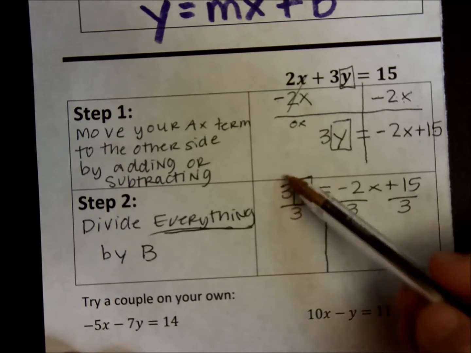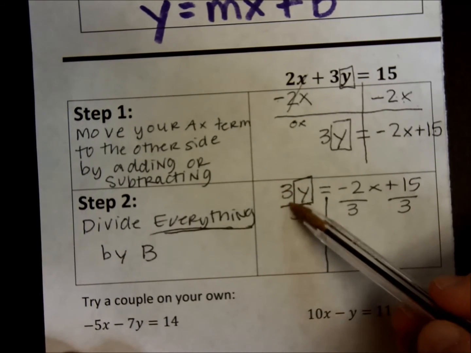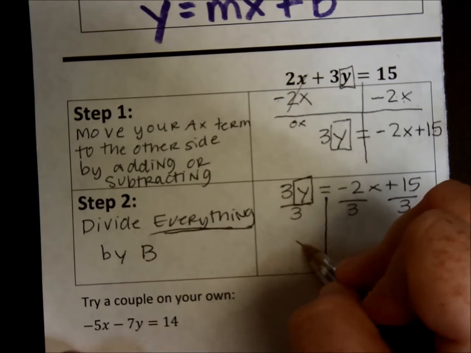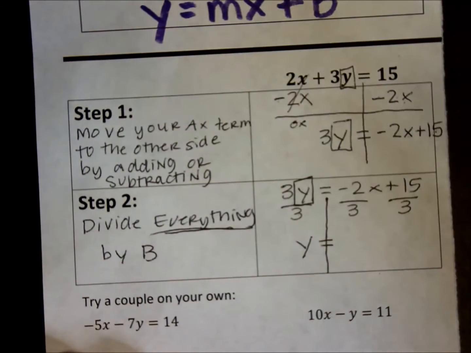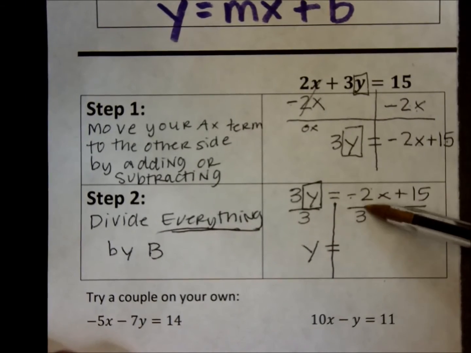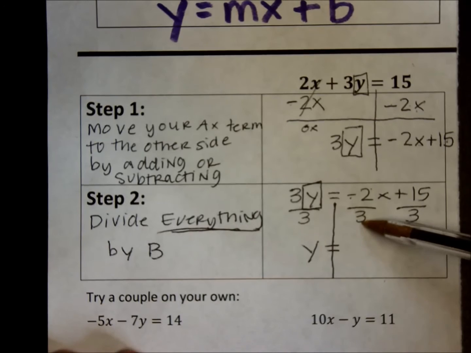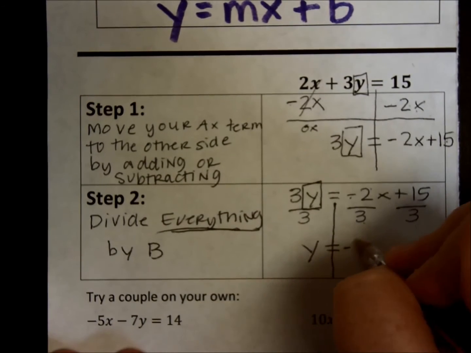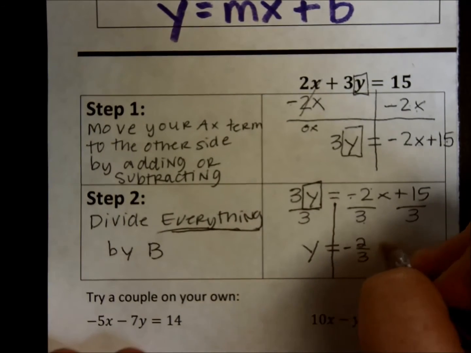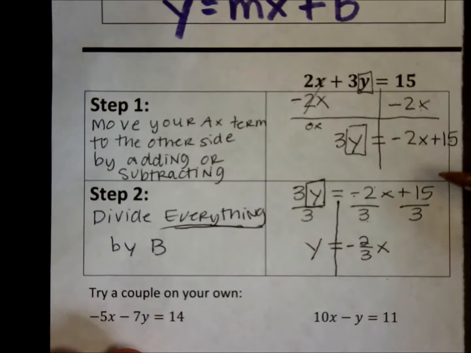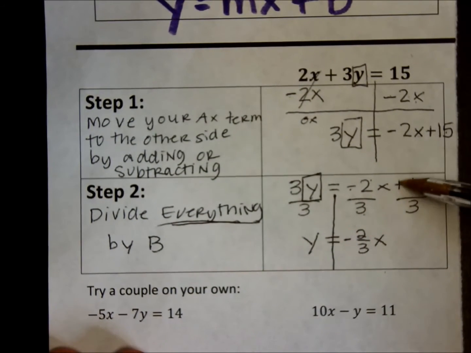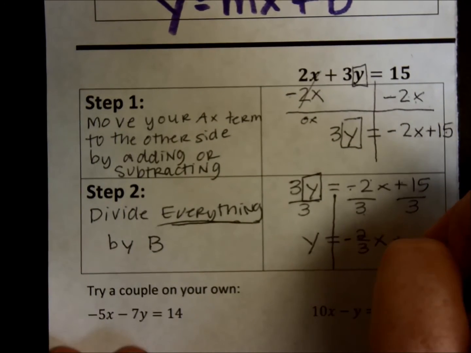So on the left-hand side, I know that 3 divided by 3 is 1, so that just leaves me with y. Negative 2 divided by 3 is a fraction that doesn't reduce, so I'm going to leave it as negative 2/3 x. And the last thing over here is plus 15 over 3, and 15 divided by 3 is 5.